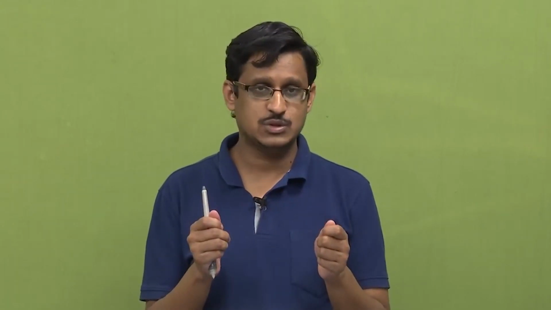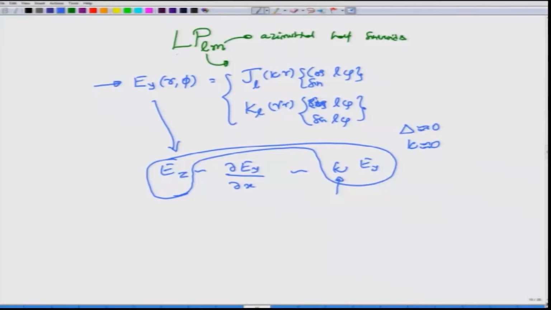Okay, this is very important. You can actually have a linear combination, which means that the phase between these two components will not be some complex number, it will be just equal to 0. So, the waves are not circularly polarized, the waves are linearly polarized. Okay. So, this is a very important thing, and these modes, as I told you, are described by LP_LM.